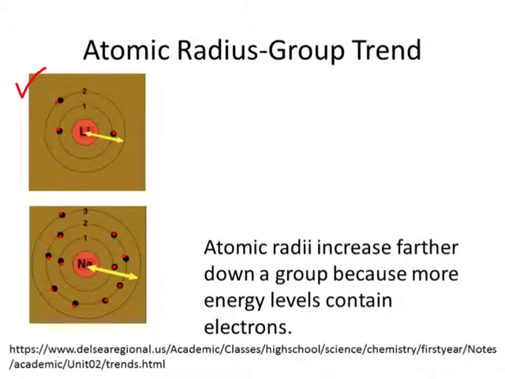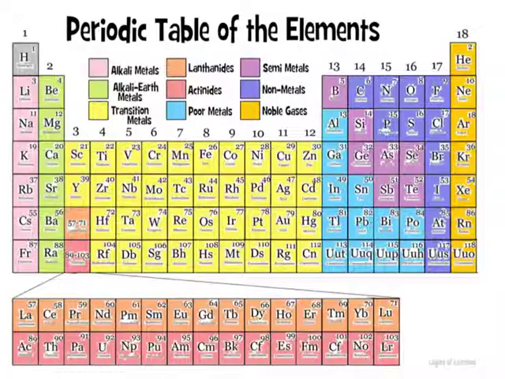So the trend is that atomic radii increase the farther down a group we are because more energy levels contain electrons. To reiterate, as we move down a group on the periodic table, it doesn't matter which group, the elements get larger because higher energy levels are being filled with electrons.